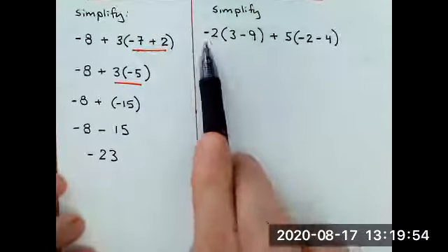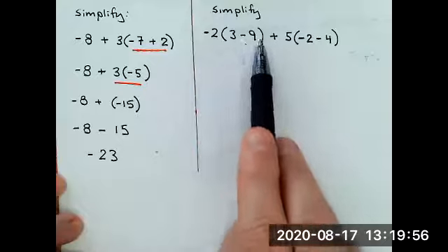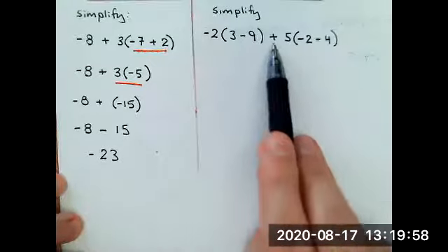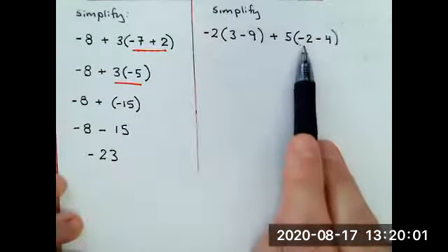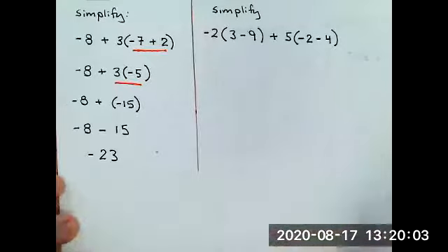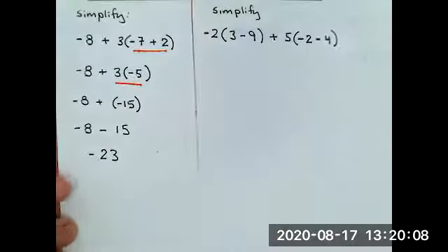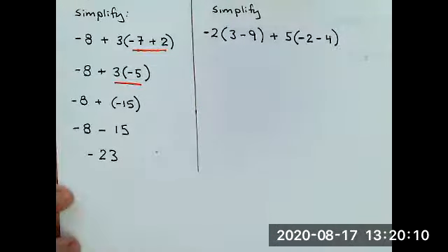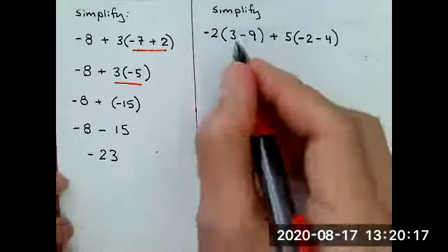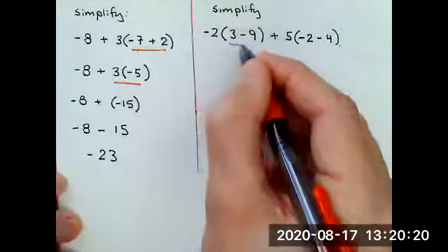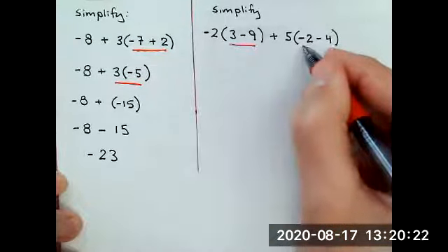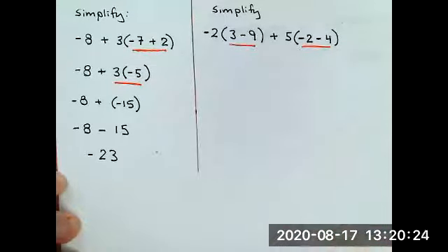So let's simplify. -2 times the result of 3 minus 9 plus 5 times the result of -2 minus 4. And you might want to hit pause and try to work it out on your own before looking at the answer. Okay, so according to the order of operations, we simplify the inside of the parentheses if there's an operation inside the parentheses.